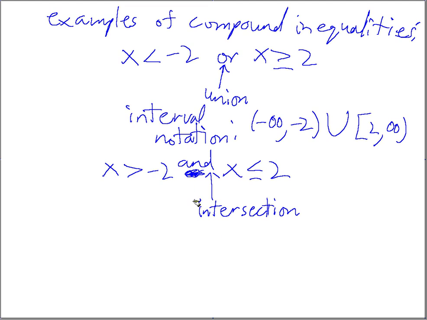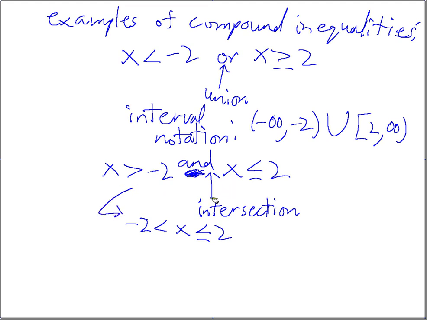All right. So how do we write that in interval notation? Well, because this and inequality is basically saying, if you interpret this correctly, all the real numbers that are bigger than negative 2 and less than or equal to positive 2, but that's the same as saying all real numbers between these two numbers, right? Negative 2 less than x, less than or equal to 2. So this is the interpretation there, right?